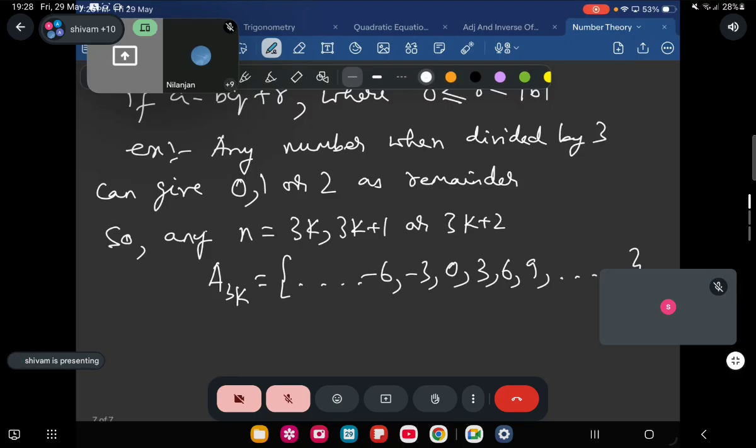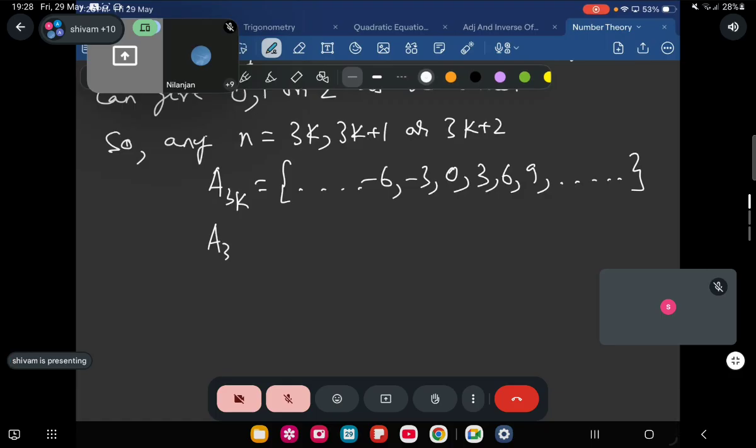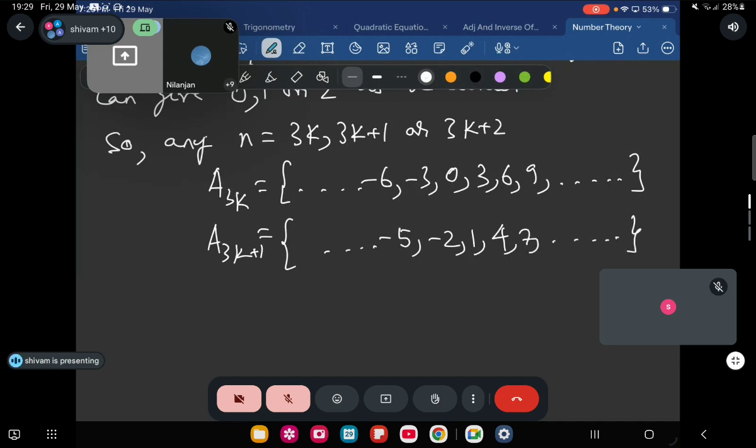Like for 3k plus 1, what are the elements that are of the form 3k plus 1? Dot dot dot, minus 5, minus 2, 1, 4, 7, dot dot dot. That is, when you divide them by 3, the remainder is 1. Next, 3k plus 2.